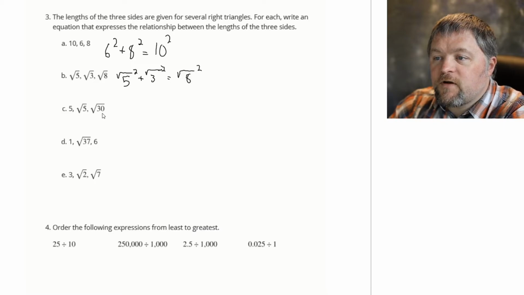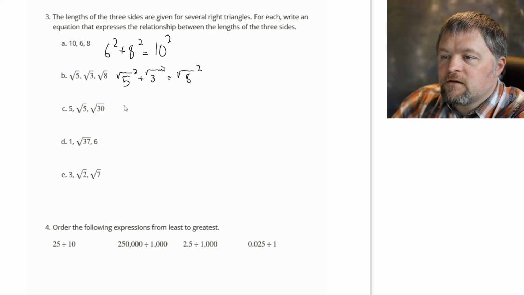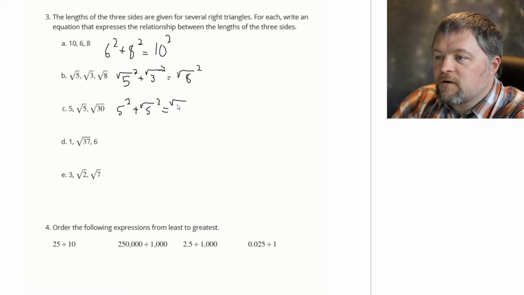Next: 5, the square root of 5, and the square root of 30. Which of these side lengths is longest? Well, the square root of 25 is 5, so the square root of 30 has to be our longest side. So 5 squared plus the square root of 5 squared equals the square root of 30 squared.